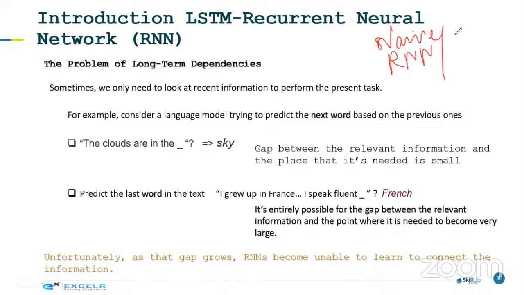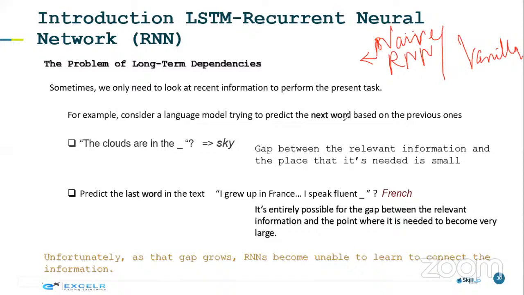People call it naive or vanilla RNN. Whatever we discussed today was vanilla RNN. Now we need to understand the issues with vanilla or naive RNN, and how we can tackle them, in terms of long-term dependencies.